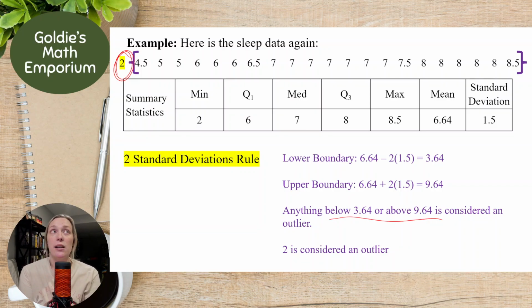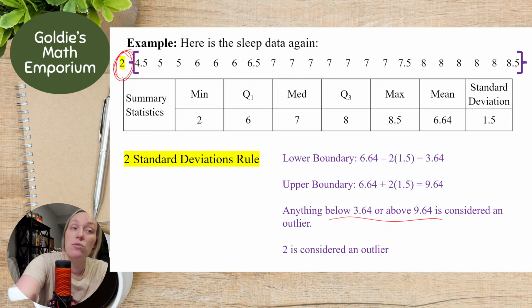Now visually, in a graph, we can see outliers pretty nicely. We can see them in histograms, dot plots, stem plots. In a box plot, the way we have written the box plot so far, it makes it difficult to see outliers because the whiskers would extend all the way out to the number 2.